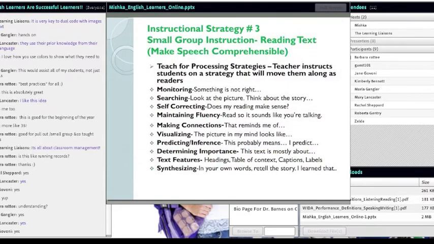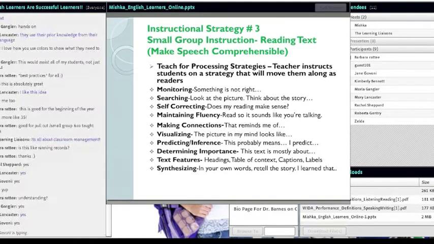All right, so these are some strategies that we can use to teach students how to correct the miscues that they make. So monitoring is one. And so you will teach these strategies to help them. You will teach them how to monitor by asking them questions.